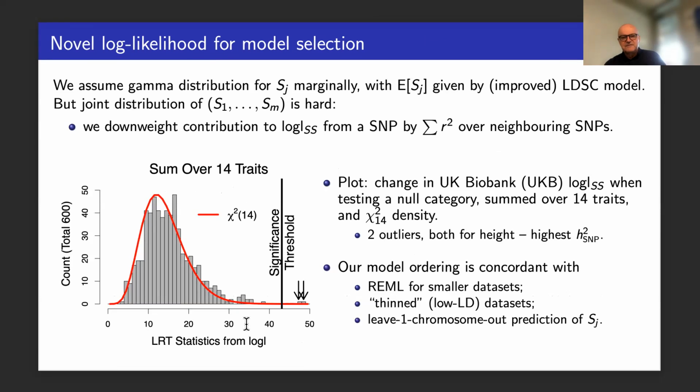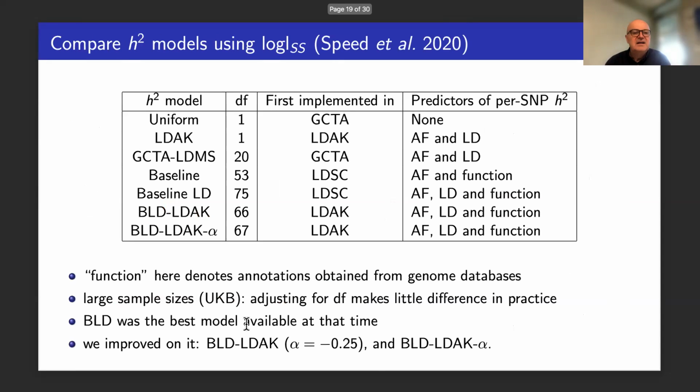We came up with an improved likelihood for summary statistics, not for the original GWAS data. And I just want to advertise that we did this, but I won't go into any more details here. And we did some work to show that it worked pretty well, but I'm just going to skip over that in the interest of time.